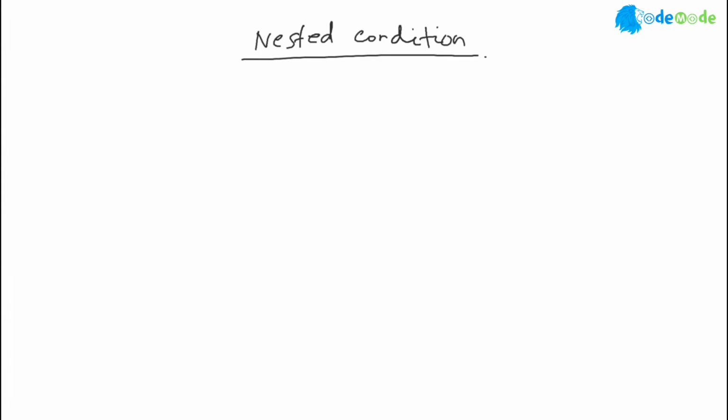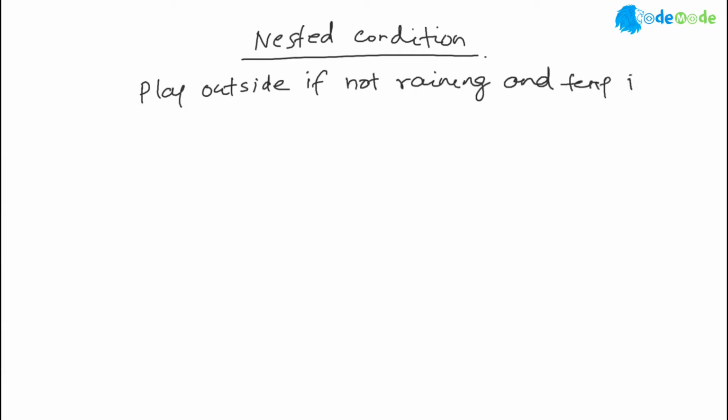So when you say you play outside, let's call it, we'll take a positive scenario. We'll say if sunny, maybe, because it may be cloudy too. So if not raining and temperature is more than 60 degrees Fahrenheit.